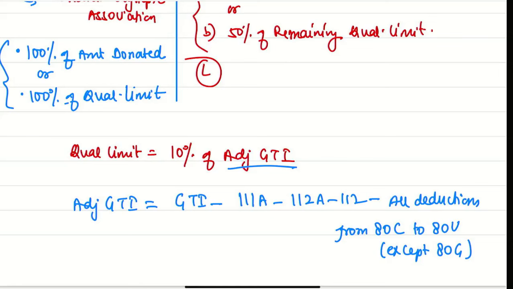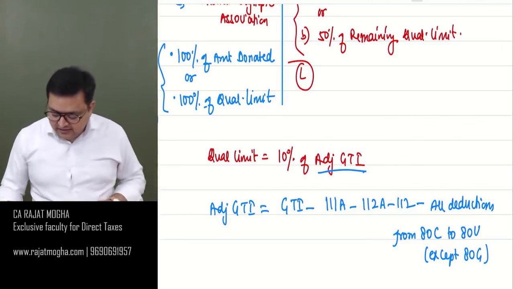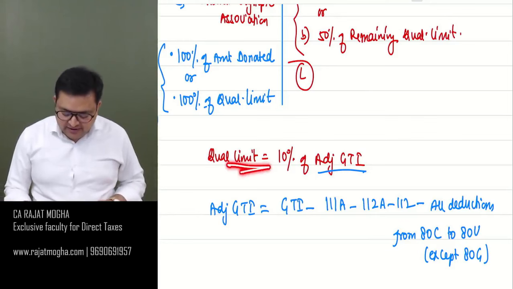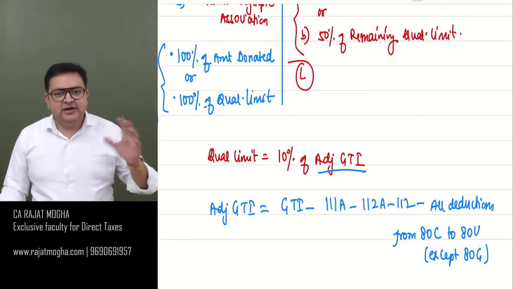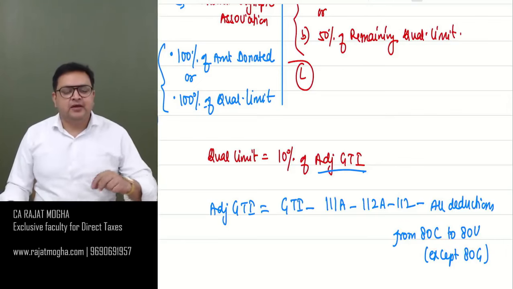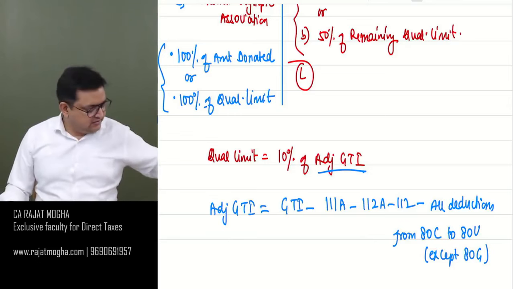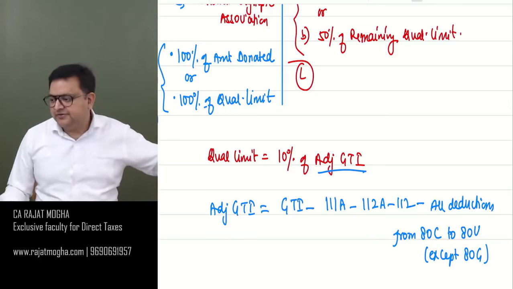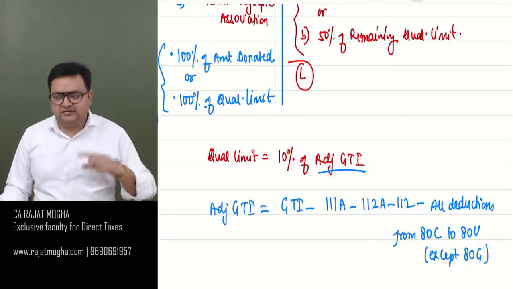Now we understood that because of this qualifying limit, we have to deduct all these deductions from 80C to 80U except 80G. So it is better to compute your 80G at last. Joseph, you have to compute 80G at last.